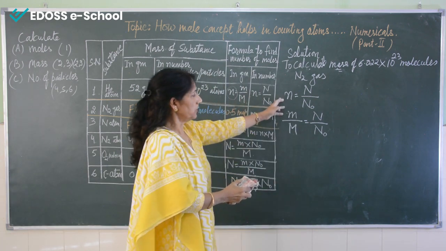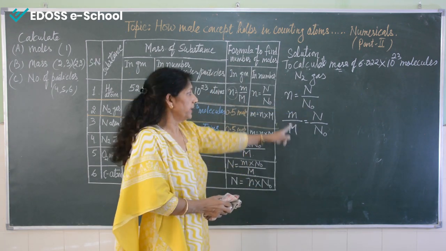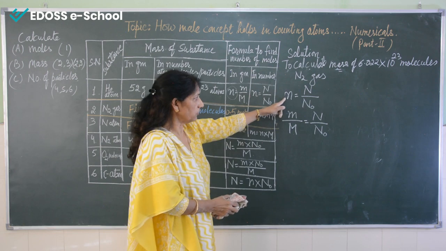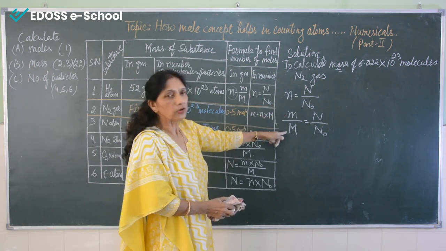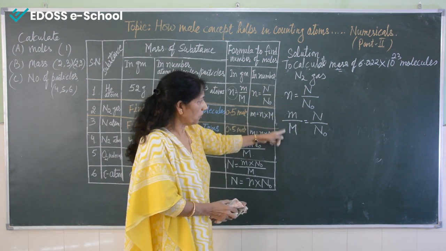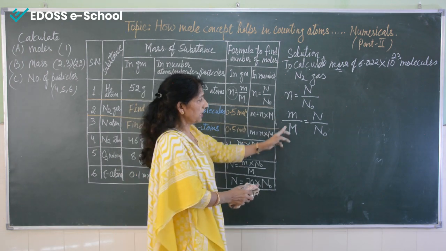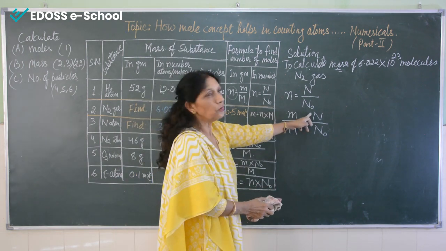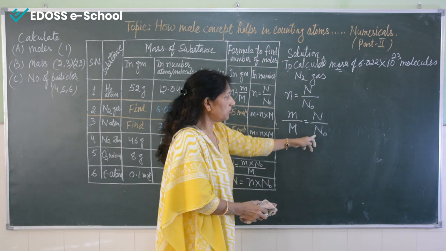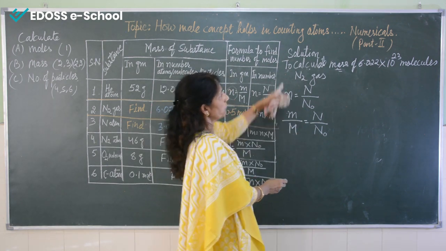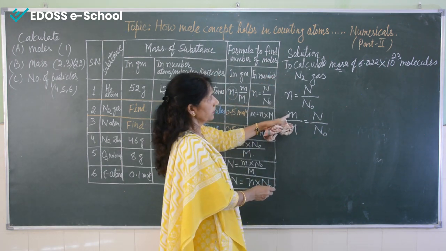So in place of calculating it twice, we can do it in this way also. So we know that n is equal to small m upon capital M, that means mass upon molar mass is equal to number of particles upon Avogadro number. So we have to find mass.